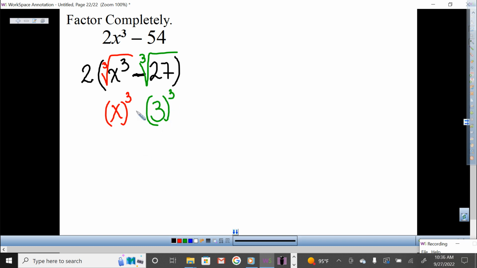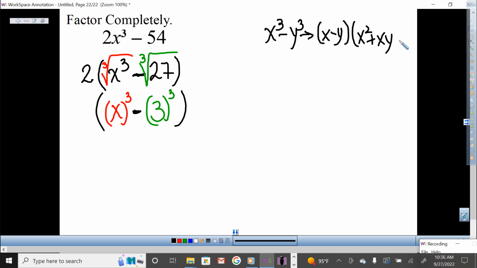So that means we do have a difference of cubes. So let's write our identity. What's our identity for cubes? X cubed minus y cubed, which becomes x minus y, x squared plus xy plus y squared.